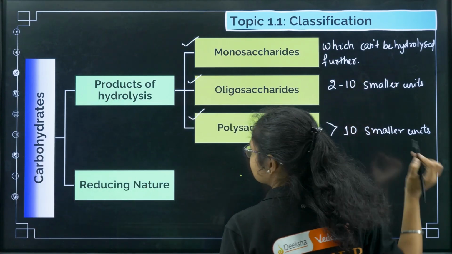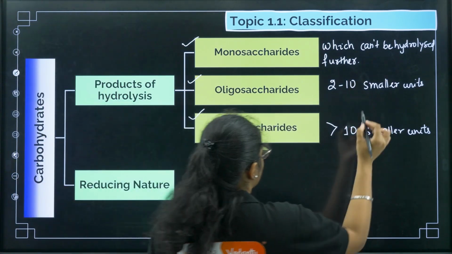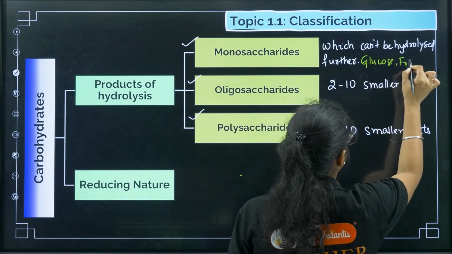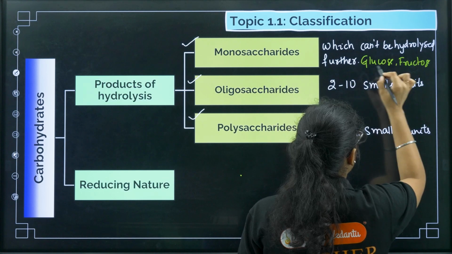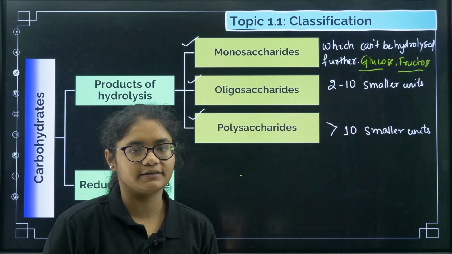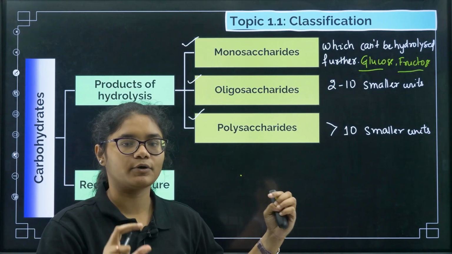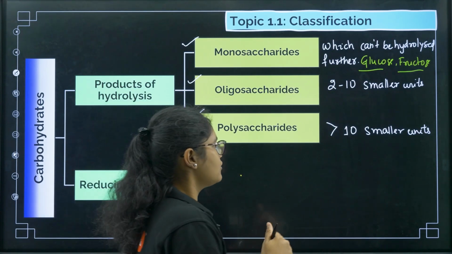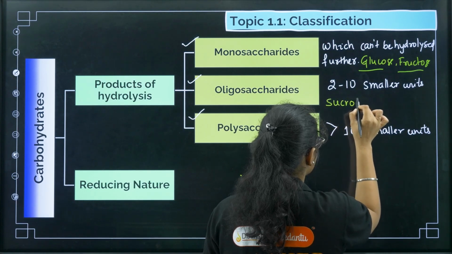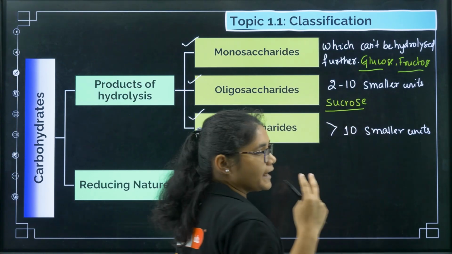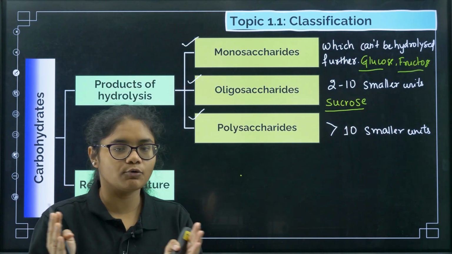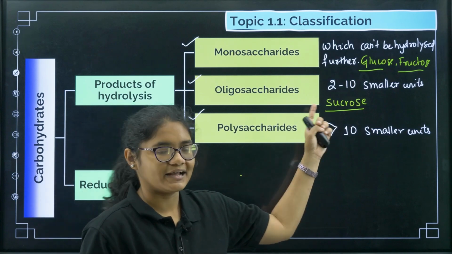Now let us see one example from each category. Monosaccharide examples are glucose and fructose. These carbohydrates you cannot break down further; they are the simple carbohydrates. Oligosaccharide example is sucrose. If you break sucrose you get 2 smaller units, it gets converted to 2 monosaccharides, so it is called a disaccharide.